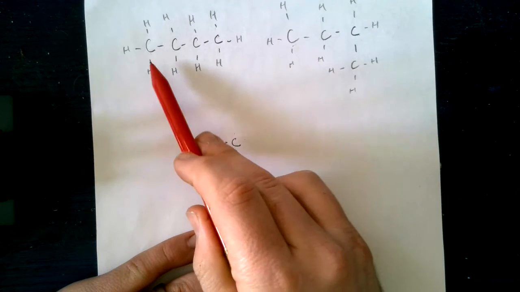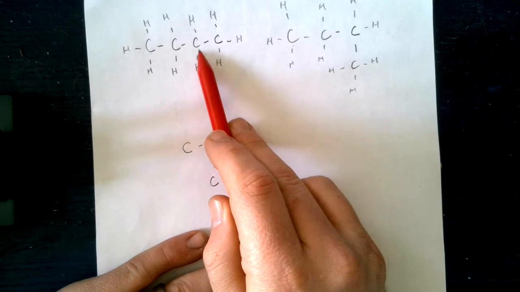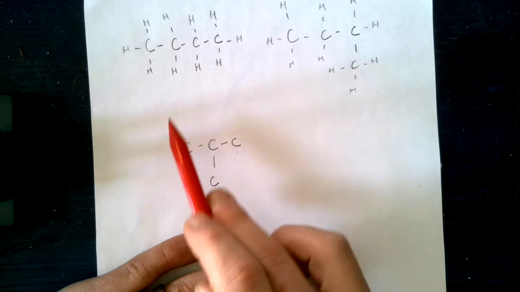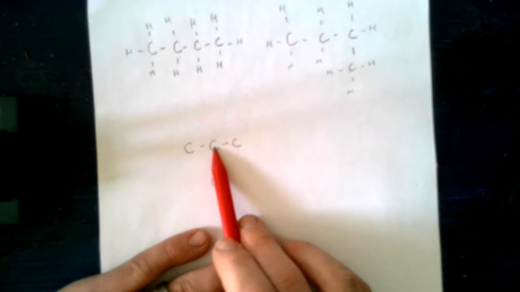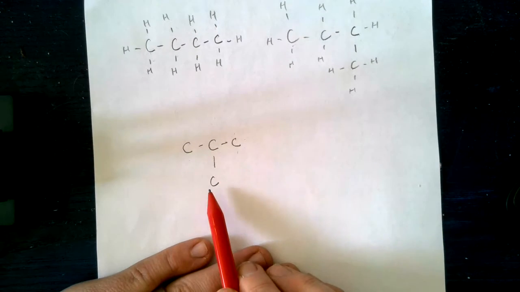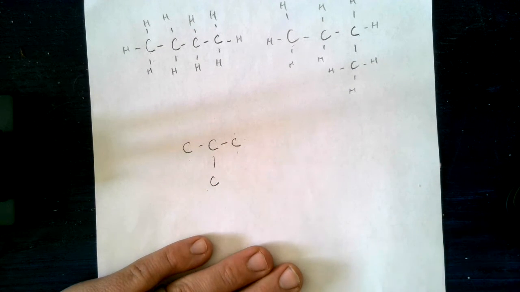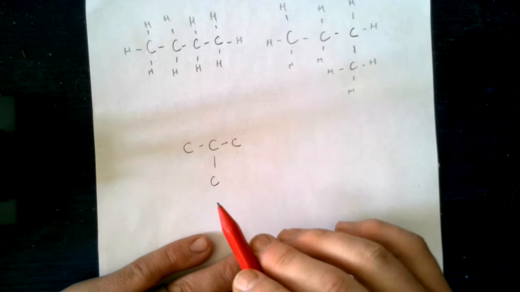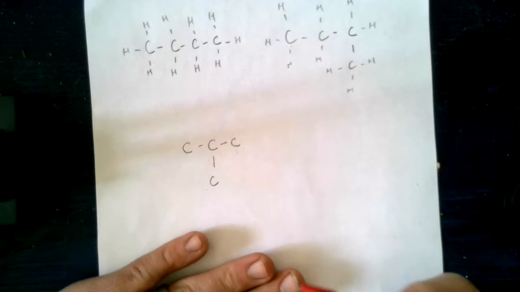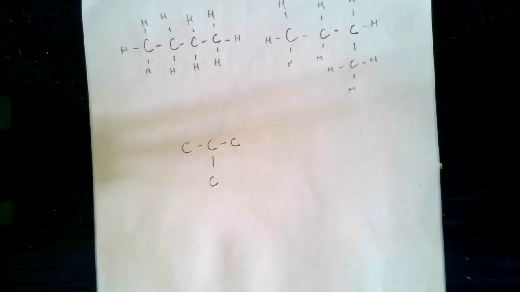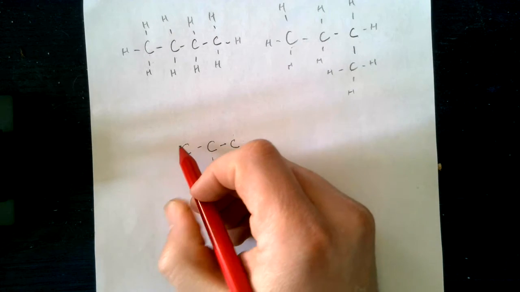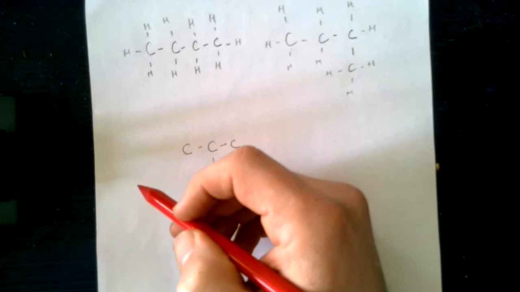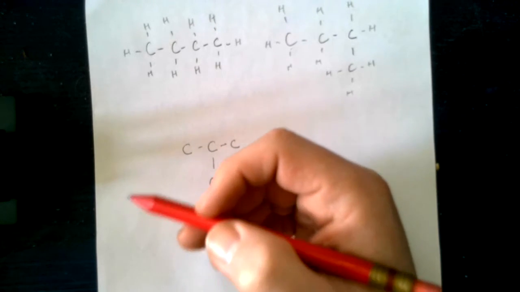Because now, instead of having 1 carbon connected to another, connected to another, connected to another, we have 1 carbon connected to another, and this carbon is connected to 2 carbons. And it changes all of the properties about it. It could go from being a gas to being a liquid. It could go from being poisonous to not poisonous. It could change everything. So again, the last step here would be to put in the hydrogens and make sure we got 10.